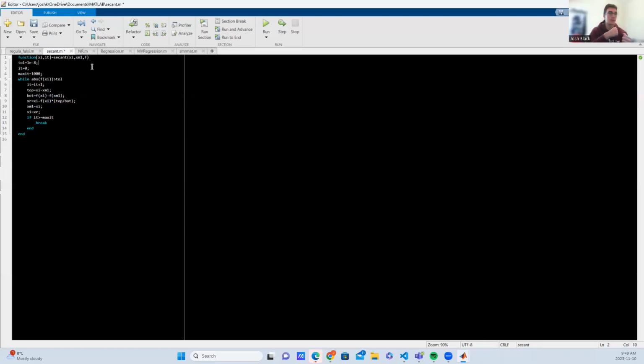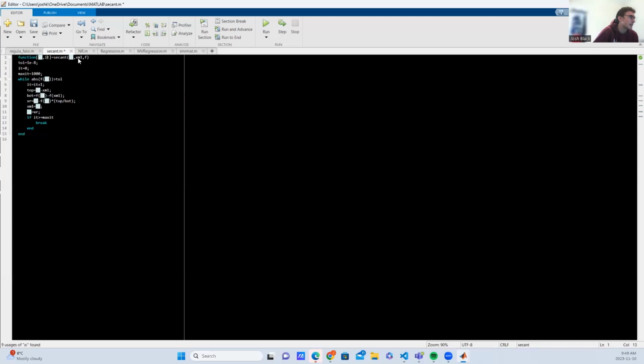All right, now up here is the code for the secant method. As you can see, it mimics the regular false position method, but we don't need those if statements anymore because we're in an open method. We're not bracketed, so we don't need to change XL or XU. So let's go over what this is doing. Our function is going to give us xi, our new name for the root.